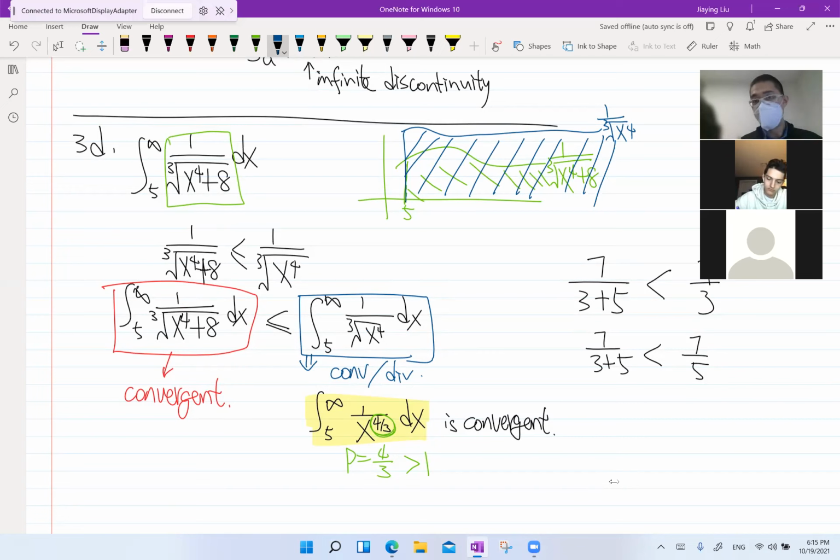Now, if the big blue area is finite, what about the small green area that we were interested in? That has to be finite as well, right? You cannot have an infinite area inside a finite area. That's just impossible. So the green area is finite, which means the integral is convergent.